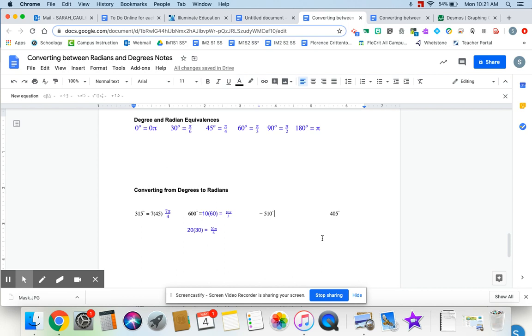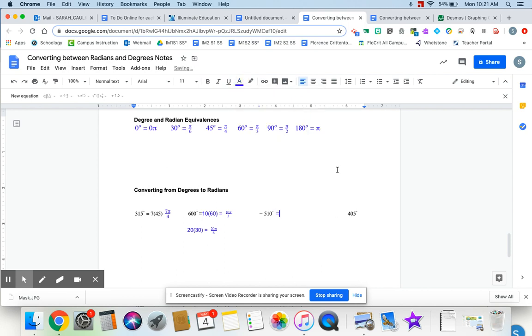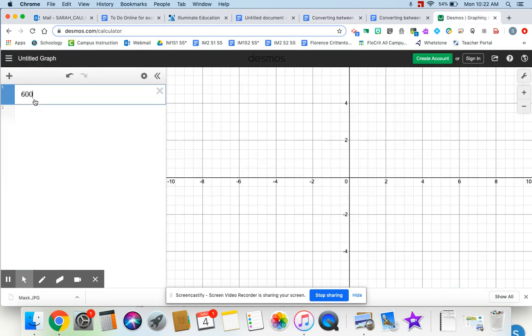All right. Next, this one is negative 510. The fact that it's negative only means that it's negative, whatever it is. So if I'm going to start with 510 degrees, and try to divide it by 30. Oh, cool, it divides by 30. I could try the rest. 45, no. 60, decimal. 90, decimal. 180, decimal. So I know the answer is 30.